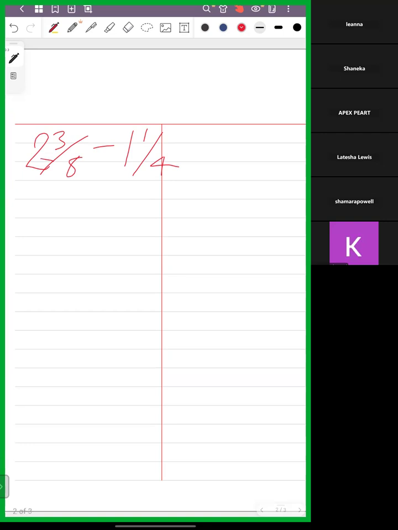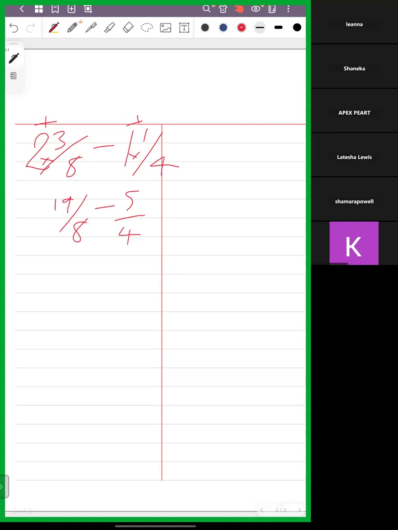So we're going to times here, and then we're going to add the top. So 8 times 2 is 16. 16 plus 3 is 19 over 8, minus 4 times 1 is 4 plus 1 is 5 over 4.